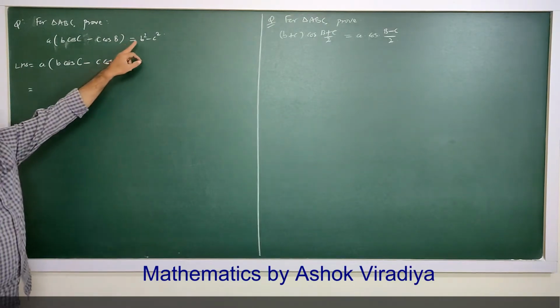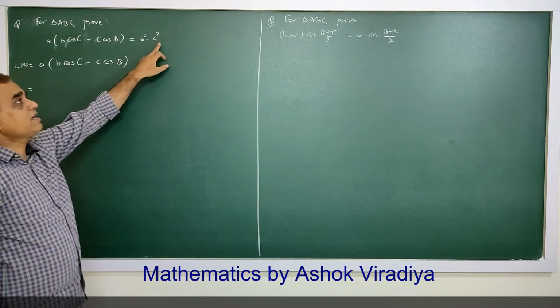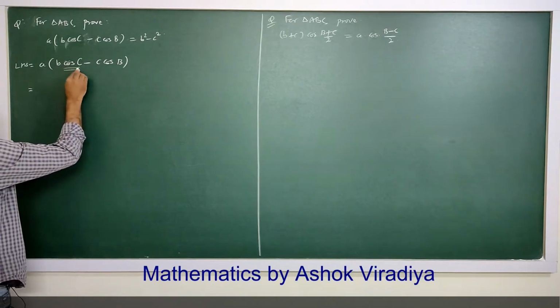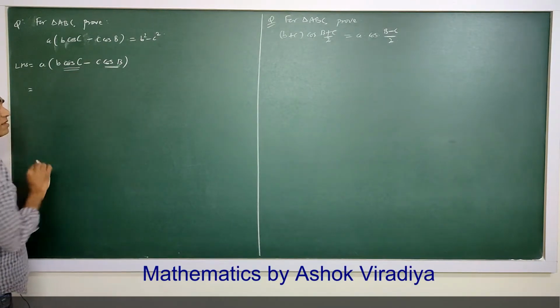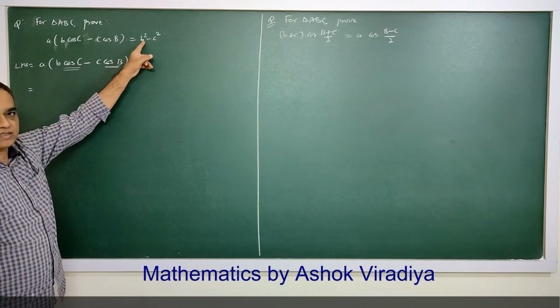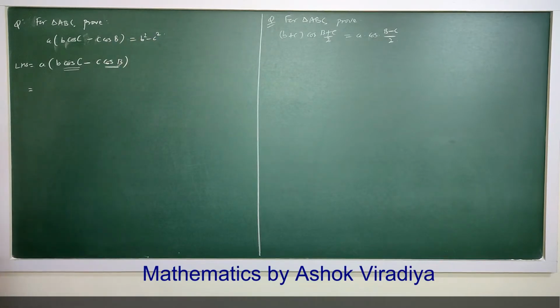Now see, RHS is b² − c², and we know that the cosine formula contains squares, and RHS is free from cosine or sine. It is b² − c².